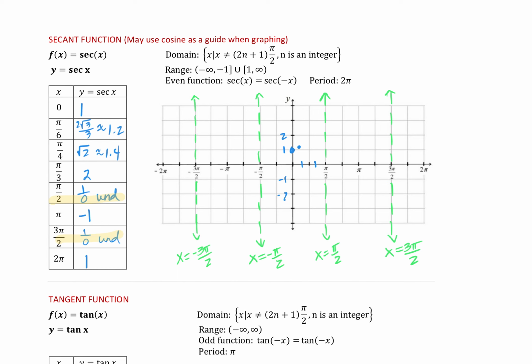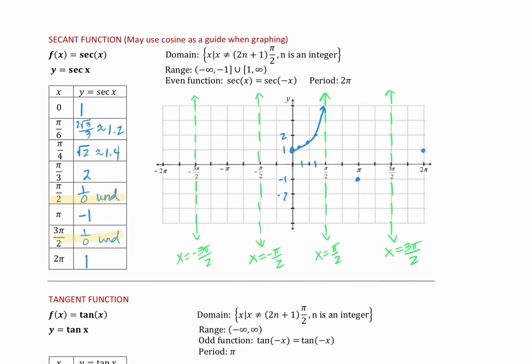At pi over 4, we're at 1.4, a little bit higher. At pi over 3, we're at 2. And then we get undefined. So if I connect the dots and keep going in the same direction, I'm going to have to follow that asymptote. Then at pi, we have -1. And at 2 pi, we have 1.